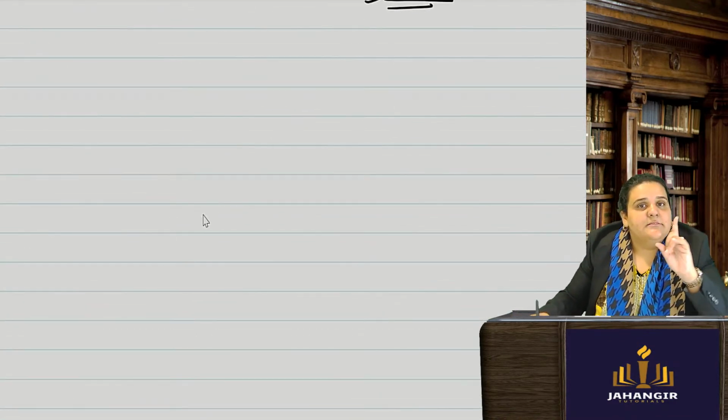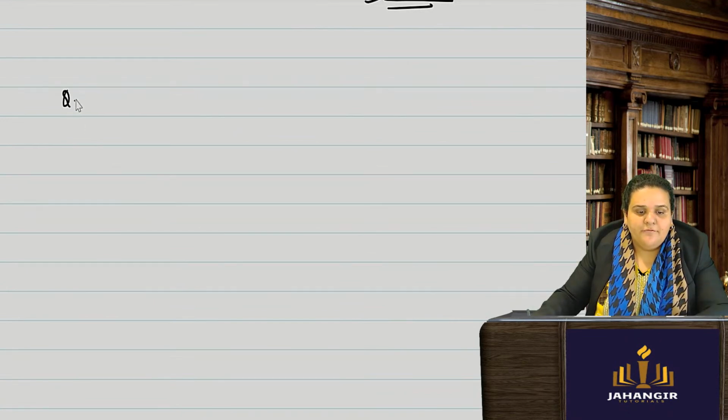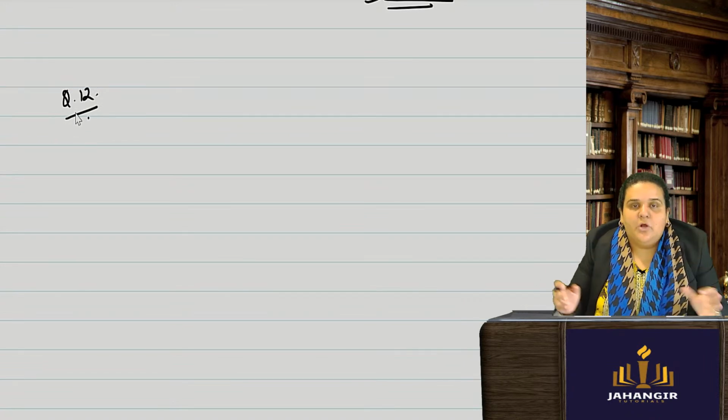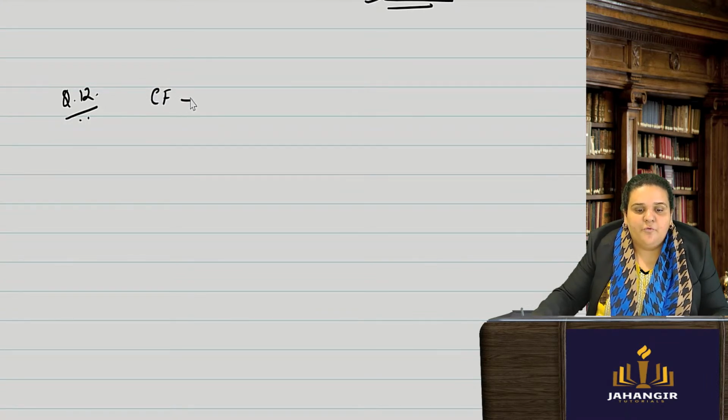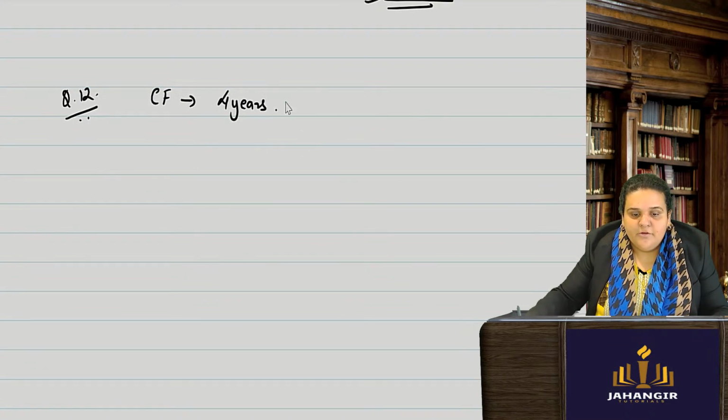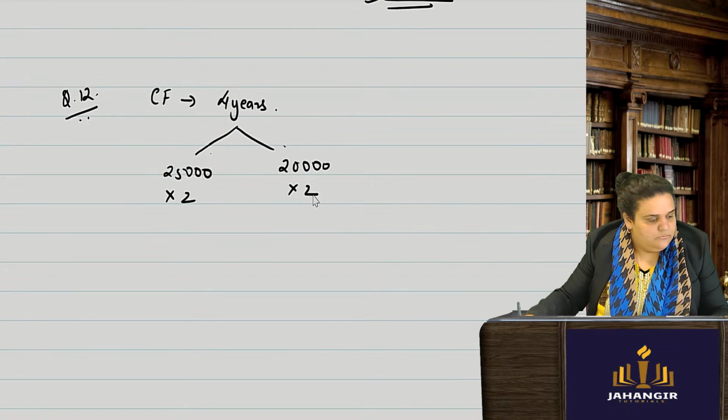Read the questions properly in the exam. One way of clearing and getting the right answer is, you all don't read the question, you just want to jump into solving. Don't do that. Read the question 1-2 times. They have given you all cash flows for 4 years. First 2 years it is 25,000 and the last 2 years it is 20,000.